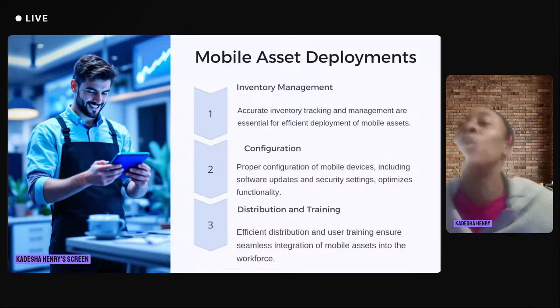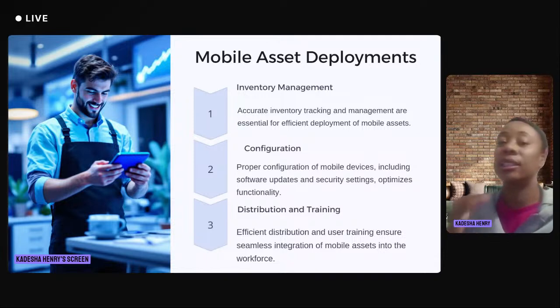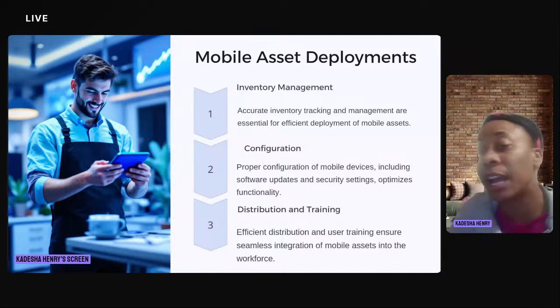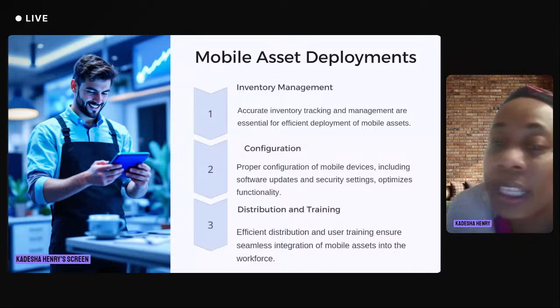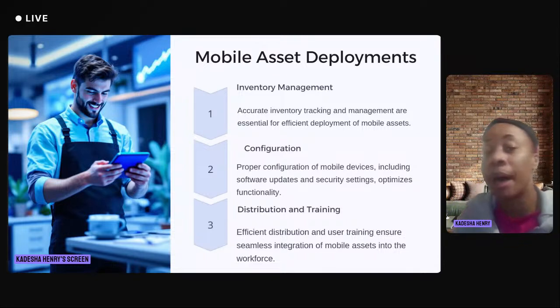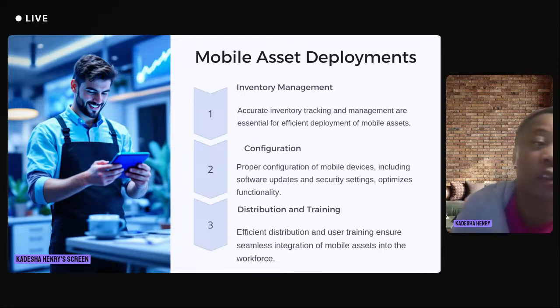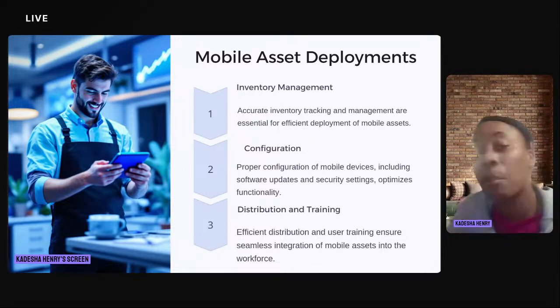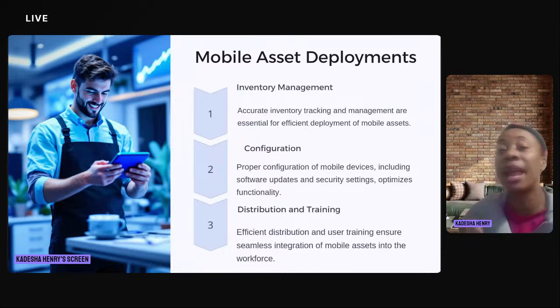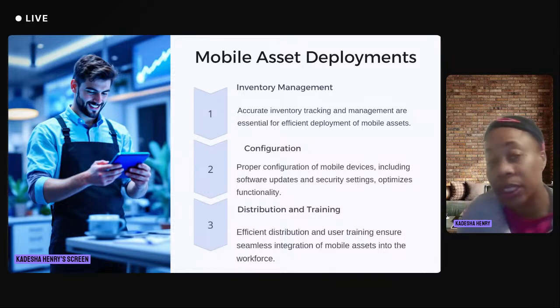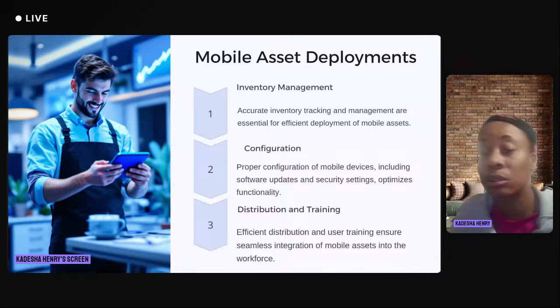Right. So if you believe you had 10 mobile assets at hand, and you have 35 employees, that's not good management of the asset. That's not good inventory. Somebody went wrong. Somebody didn't check the inventory management to make sure that the mobile assets at hand are enough to deploy to the amount of workers that we have in the business, right?